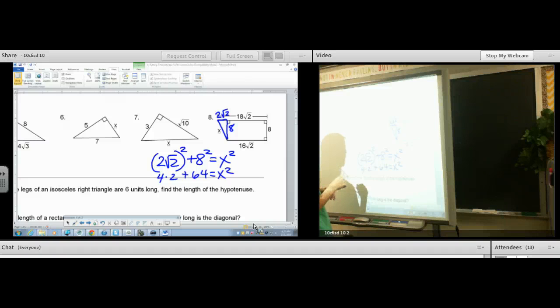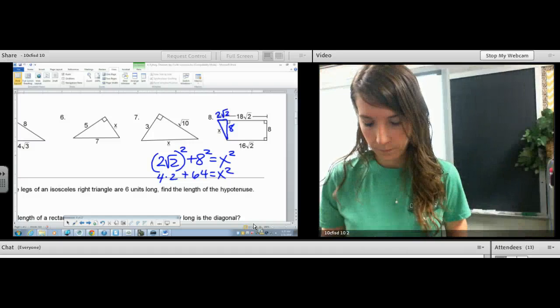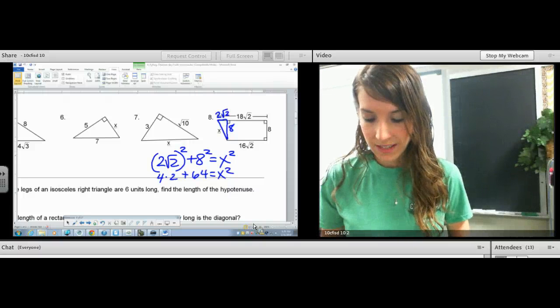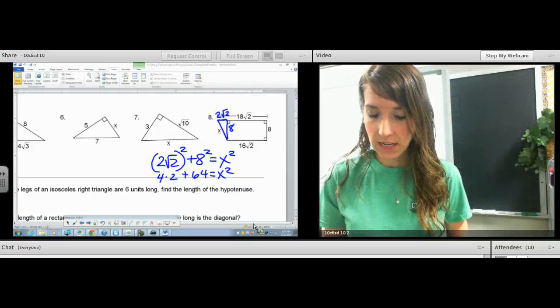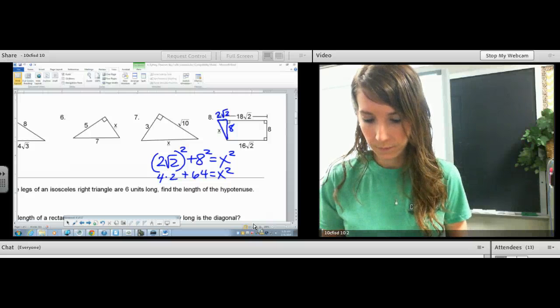So I've got 8 plus 64 equals x squared. 72. Then we need to factor tree the 72. And we should get 6 root 2.